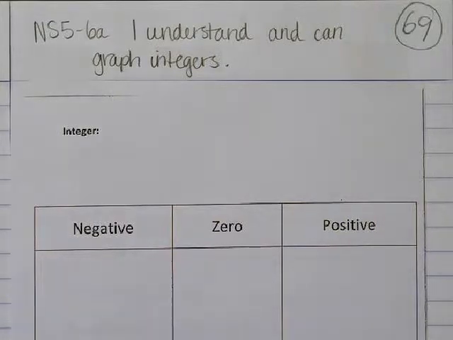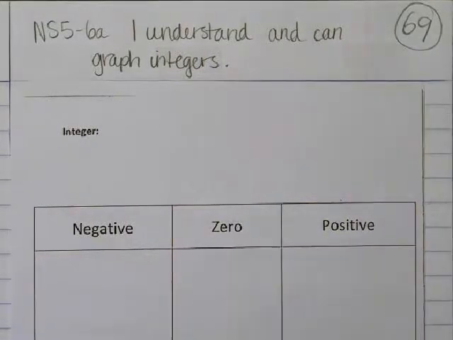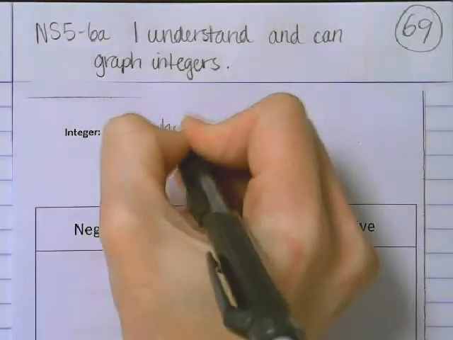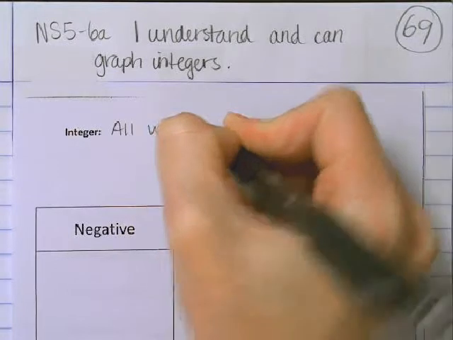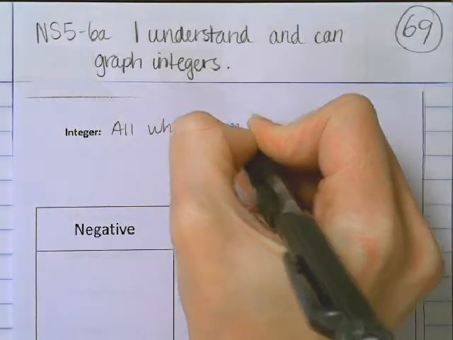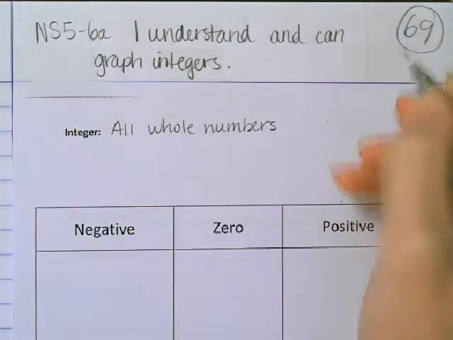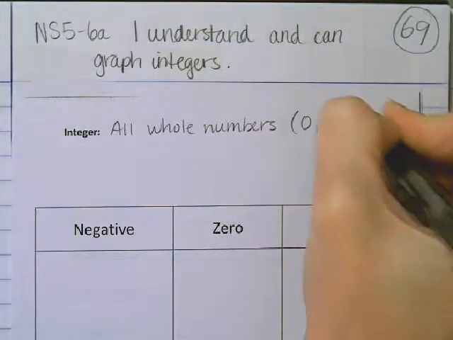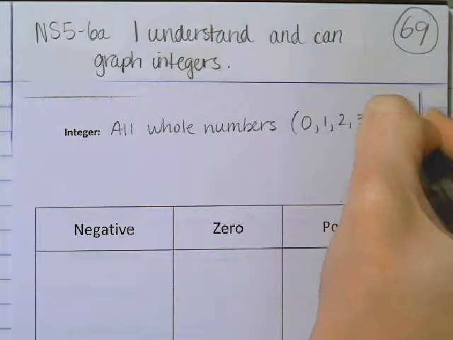Before we do that, we have to understand what is an integer. Well, hopefully you understand what whole numbers are, because integers include all whole numbers, and if you don't remember, it's our counting numbers, including 0.